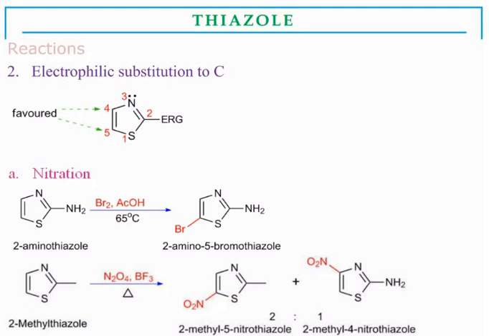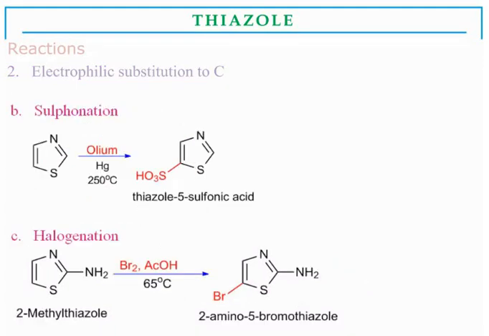You can see here from 2-methyl thiazole it gave 2-methyl 5-nitrothiazole and 2-methyl 4-nitrothiazole. Sulfonation gives thiazole 5-sulfonic acid from the thiazole ring. Halogenation from 2-methyl thiazole to 2-amino 5-bromothiazole.